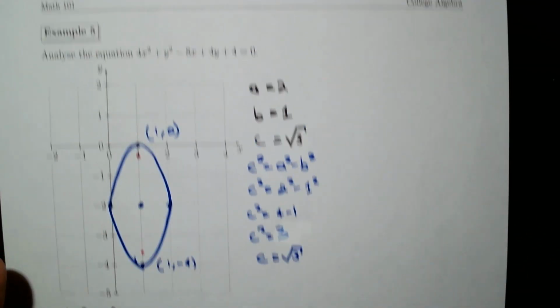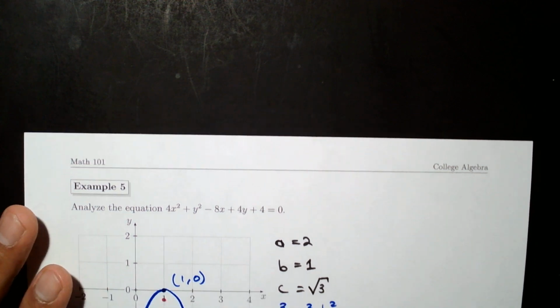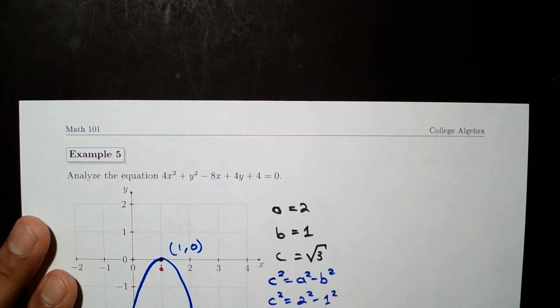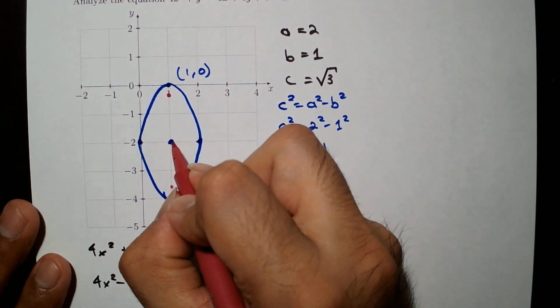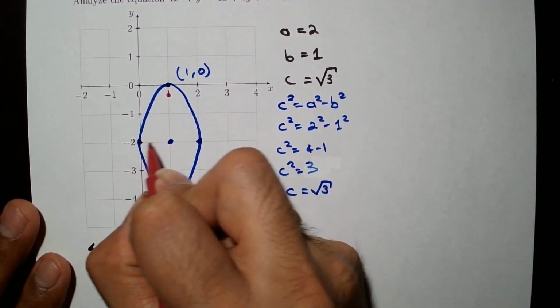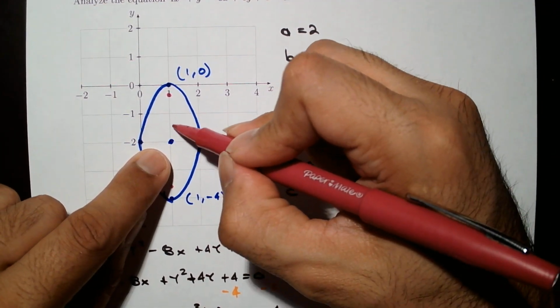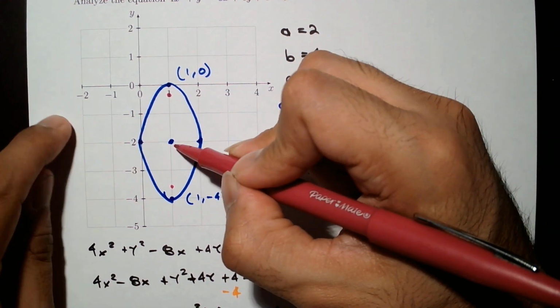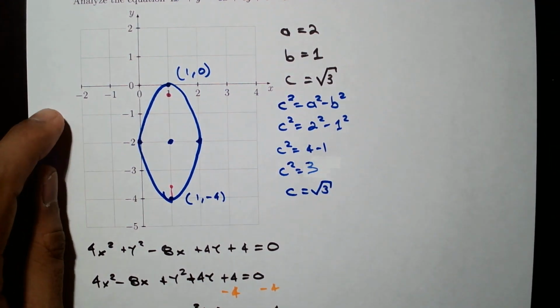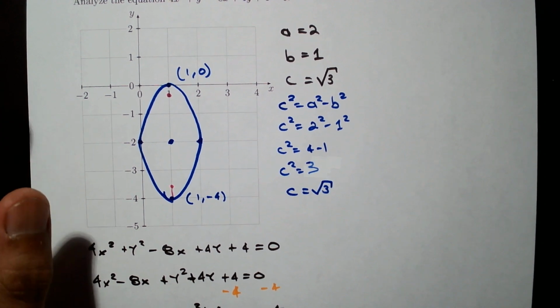Foci. Okay, so in this case, I'm going to have negative 2 minus root of 3, and then negative 2 plus root of 3. So let's see.